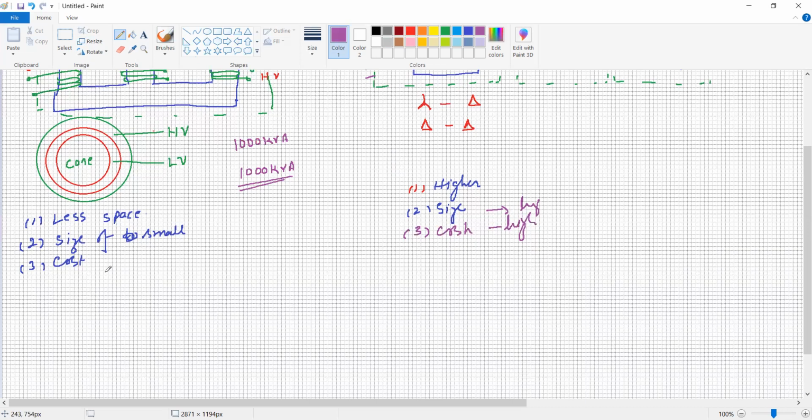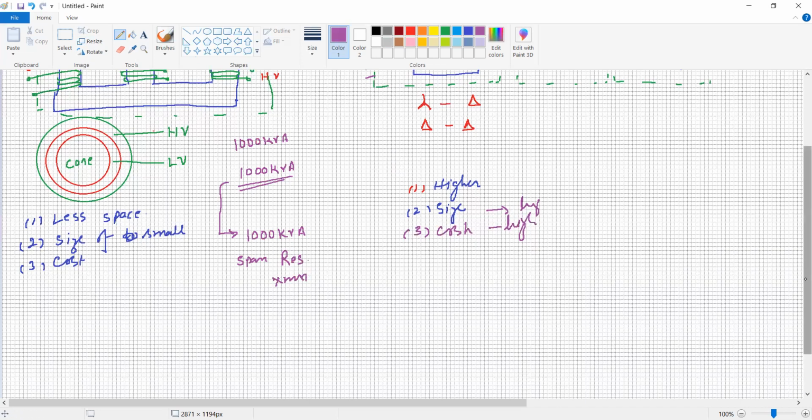Second, if someone wants to keep a spare transformer, the spare transformer capacity should be equal to the capacity of the transformer which is in operation. So a spare of equal rating has to be kept as a reserve transformer.